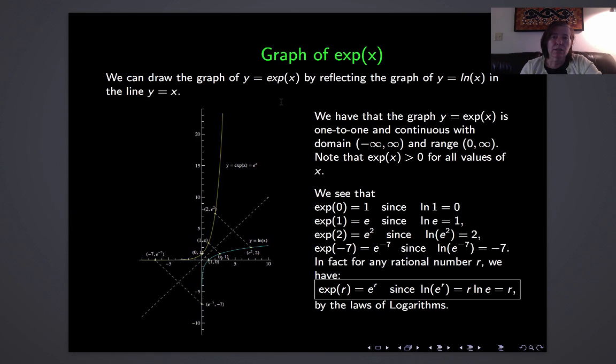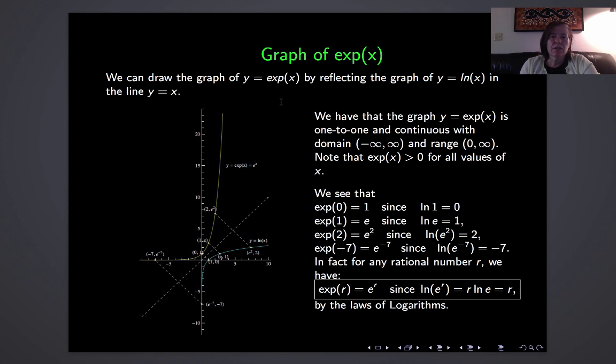And we see that the domain and the range of the inverse function get switched. The domain of our new function, the exponential function, is the range of the natural logarithm. So the domain of the exponential is from minus infinity to infinity, and its range is from 0 to infinity, which is the domain of the natural logarithm.